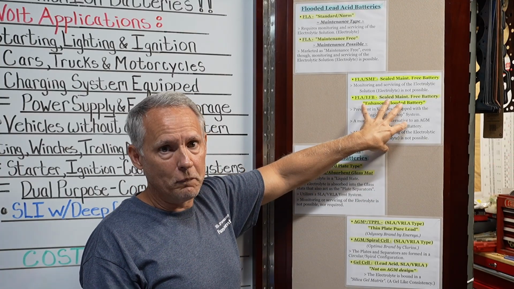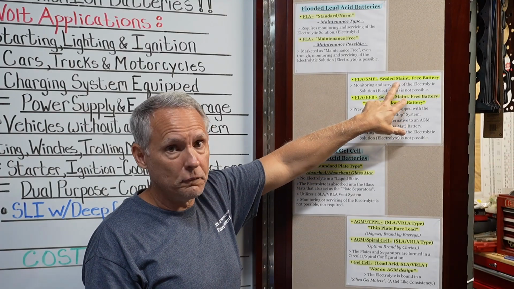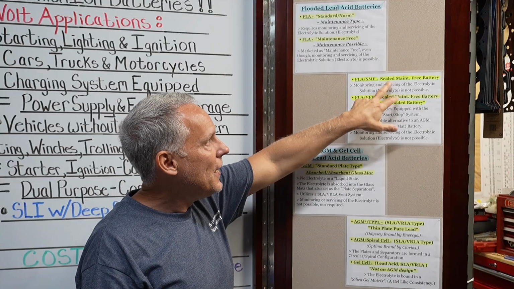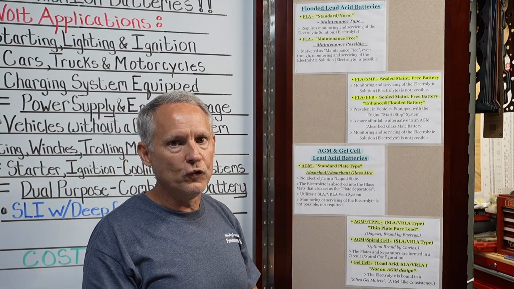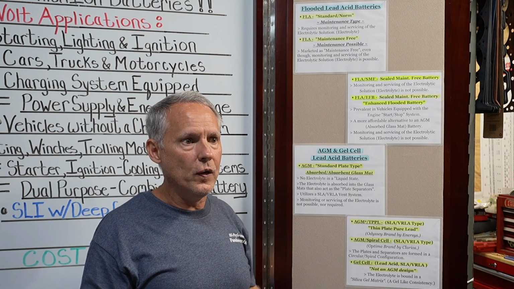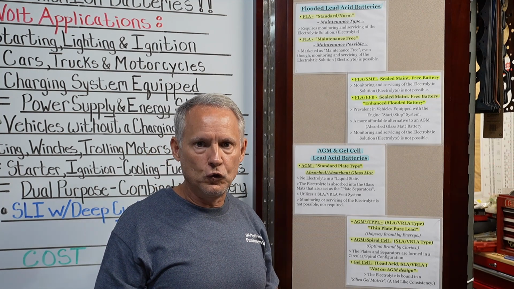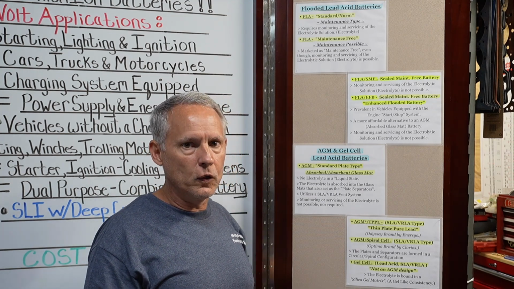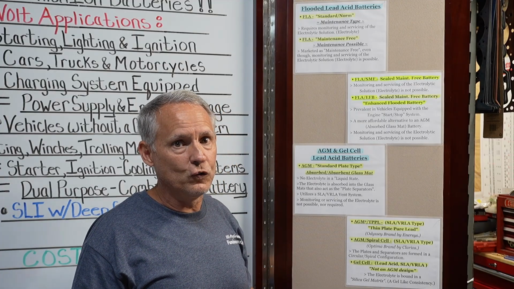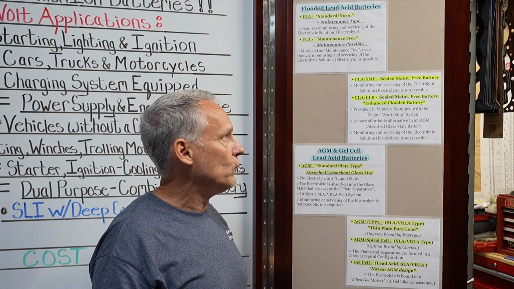It is a sealed maintenance-free battery, same as this one. In some applications it may be serviceable, but I think you'll find in most applications, if it's an EFB battery, you're not going to be able to access the electrolyte. Even though it is a liquid electrolyte, and even though it probably wouldn't be a bad idea to monitor it and service it if required, it's not going to be possible.